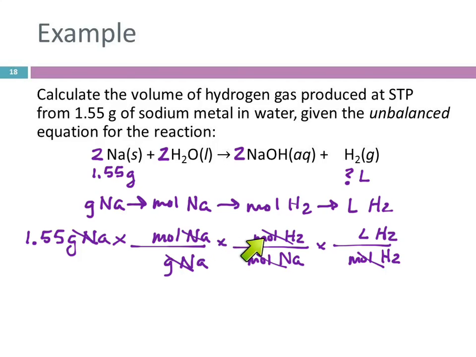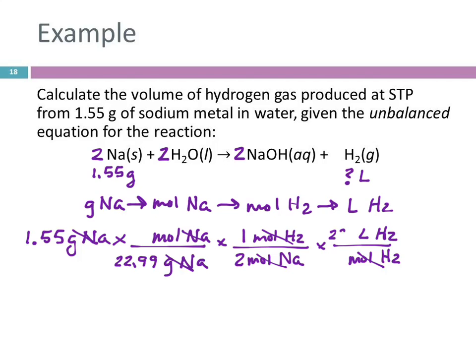What number do I put in front of moles of H2? 1. How about in front of moles of sodium? 2. That's these numbers right here. 2 moles of sodium forms 1 mole of hydrogen gas. Here we need the molar mass of sodium. 1 mole of sodium is 22.99 grams. And then what goes in this last term? 22.4.